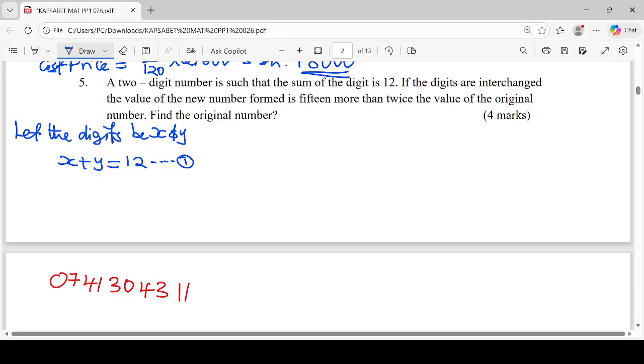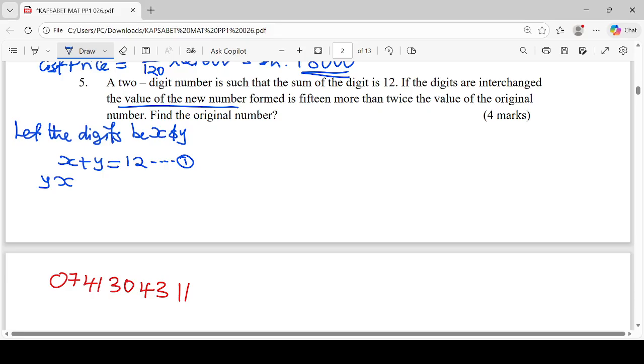If the digits are interchanged, remember initially it was xy. Now when you interchange the digits, that becomes yx. The value of a number is formed by getting the total value of each digit. When you have yx, the place value of x is once, therefore the total value of x will be 1 times x, which is x.